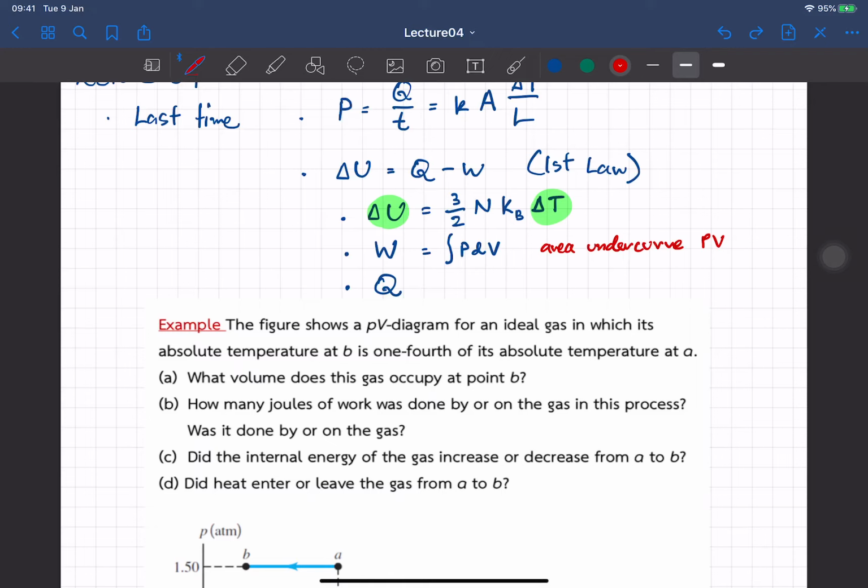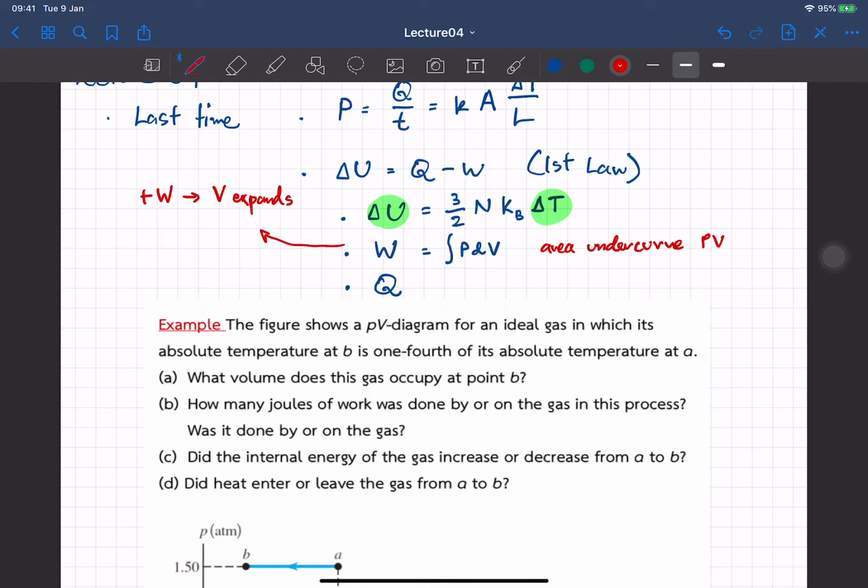That's gonna give you W. Okay, and the important thing for W is that there's a sign difference between positive and negative work. For our convention, positive work, I'm running out of space here, so I'm gonna write it here. So positive work means V expands.